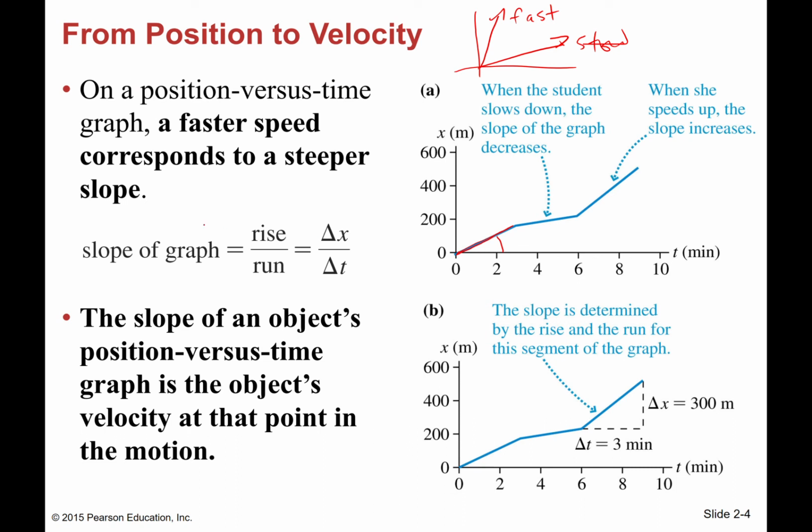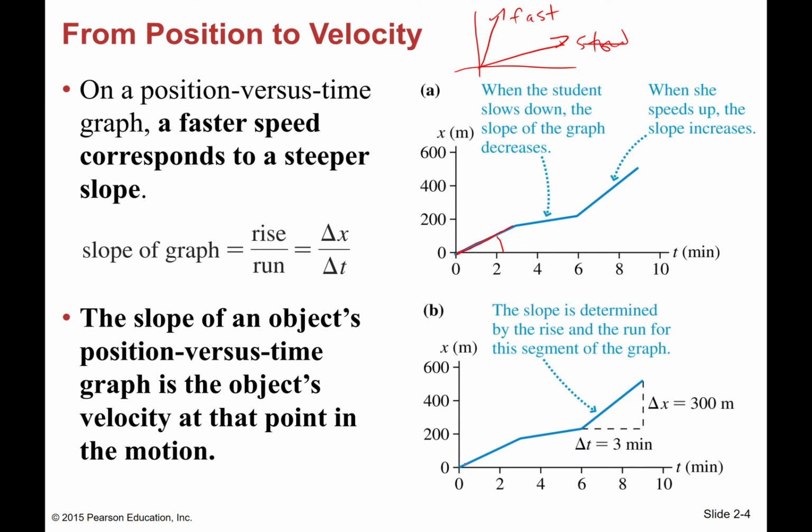Once you know how to calculate the speed from the position versus time graph by calculating the rise over the run, then you can start reading and understanding the motion of an object given this type of graph.